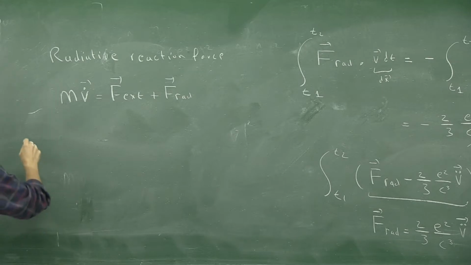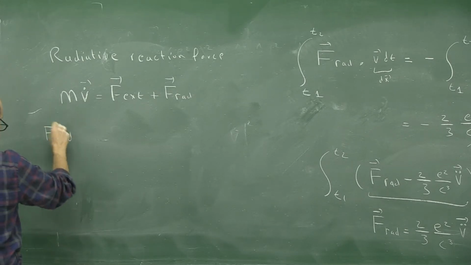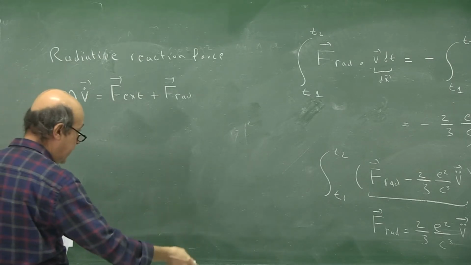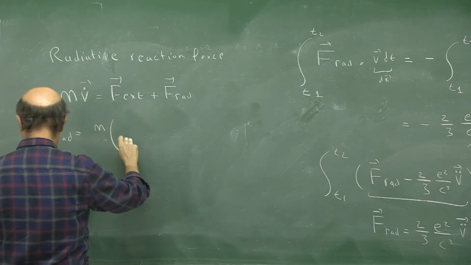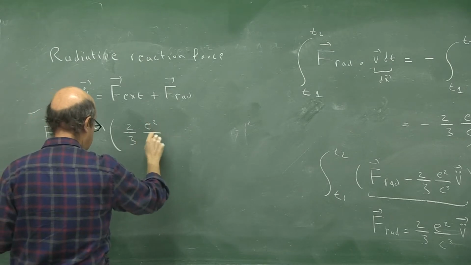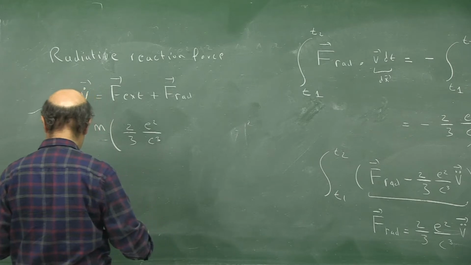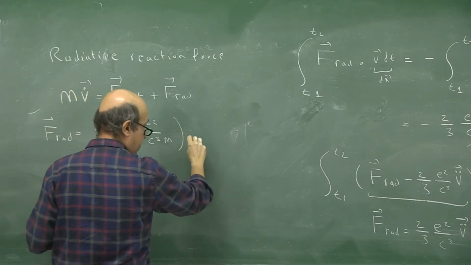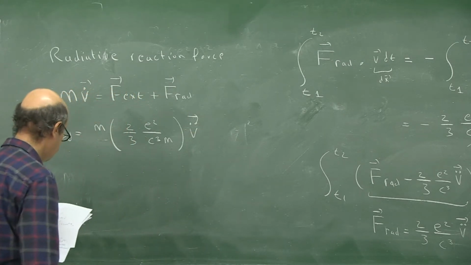If we call that F rad, the radiation reaction force, multiplied by m divided by m, this turns out to be 2 over 3 e square over c cube, divided by m, and we have v double dot.